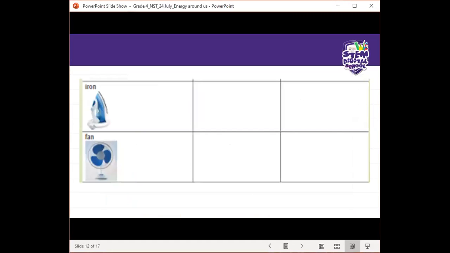Okay, last two appliances, the iron. Zoe, give us the iron, or do you have any new hands? Okay, I've seen Zako, so I'll come to you now. Zako, the input energy for the iron. I was going to ask when we're playing Kahoot. Before Kahoot, give me the answer for the iron.